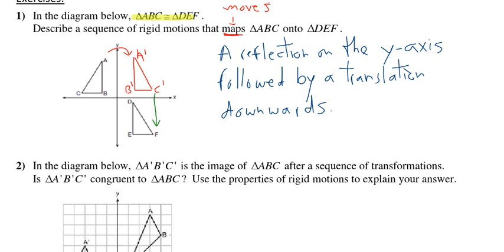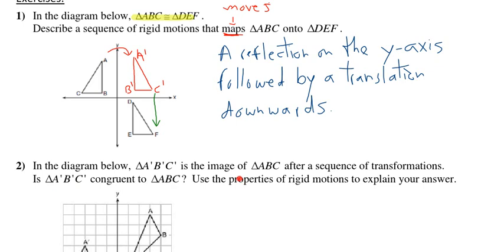Here, in number 2, they are just telling us that one triangle is the image of the other after a sequence of transformations. They are not telling us that those transformations are rigid motions. You have to find out if there are rigid motions on the diagram or not. Because if there are rigid motions, then you could say that the triangles are congruent. But we have to find out if there are rigid motions here or not.